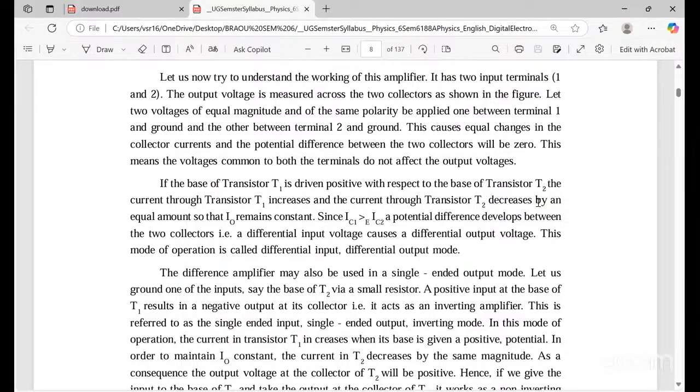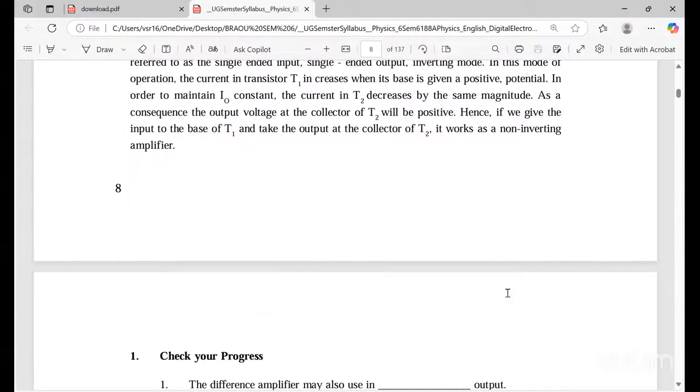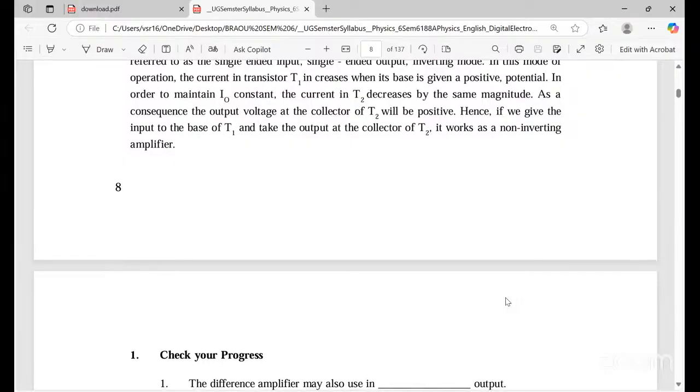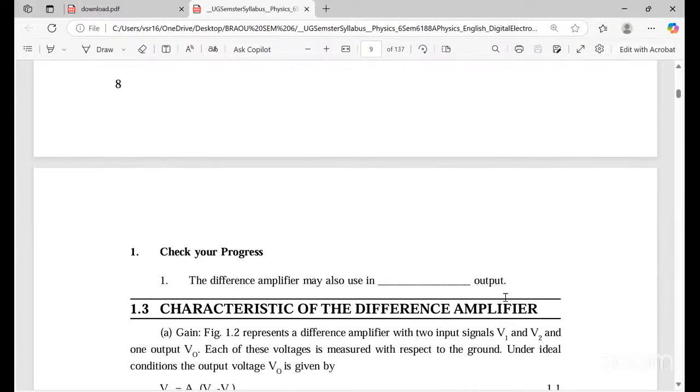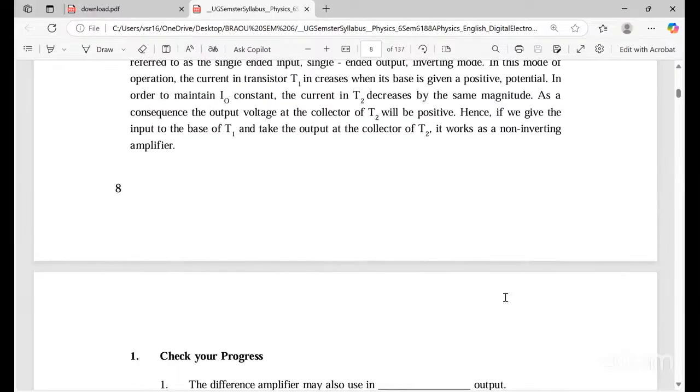As a consequence, the output voltage at the collector of T2 will be positive. So if we give the input to the base of transistor T1 and take the output at the collector of T2, it works as a non-inverting amplifier.